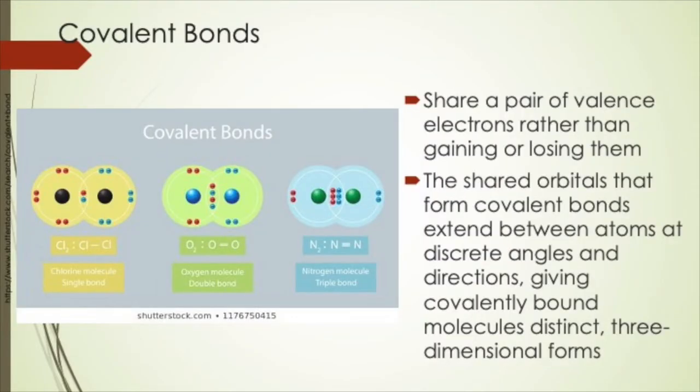Then we have covalent bonds, sharing a pair of valence electrons rather than gaining or losing them. So these will share those valence electrons. So the valence electrons are on the outside shell of those atoms, in case you didn't get that.